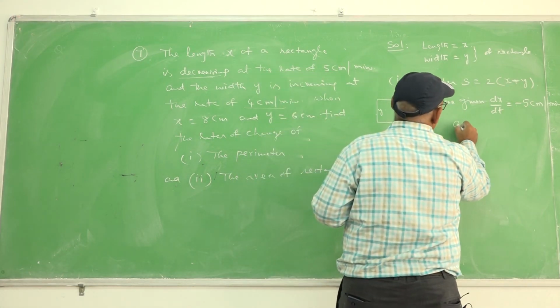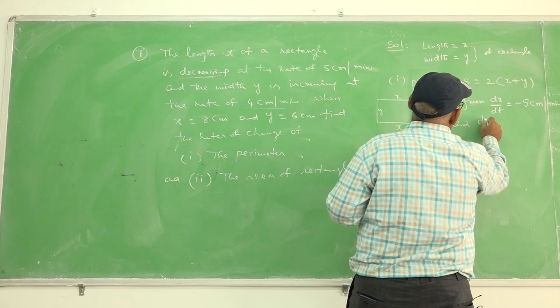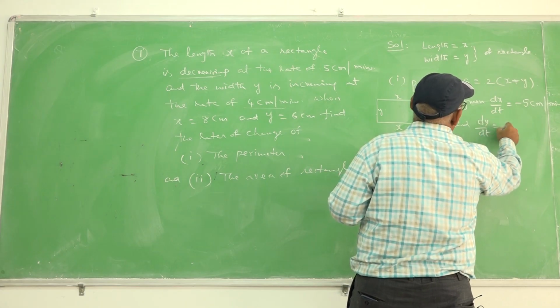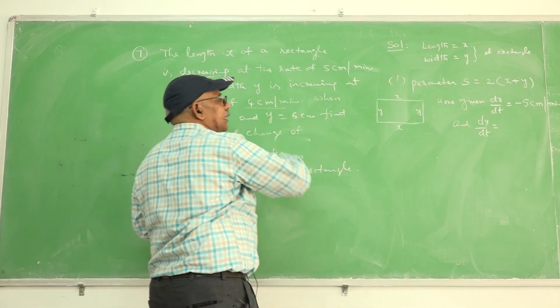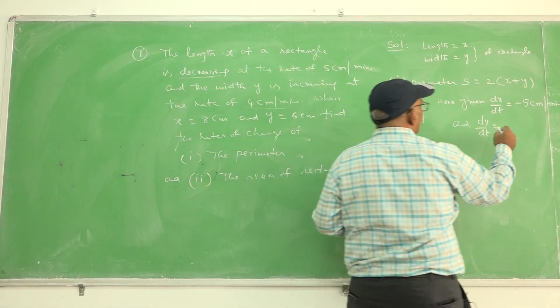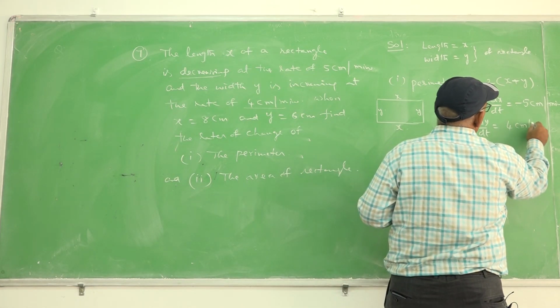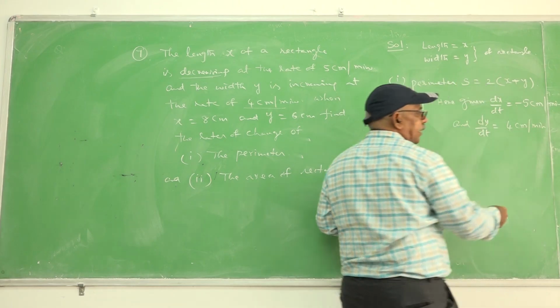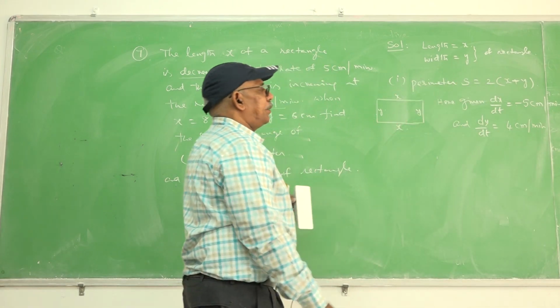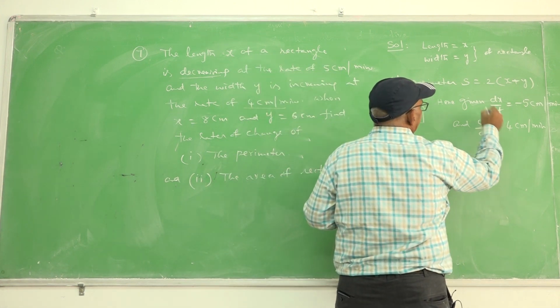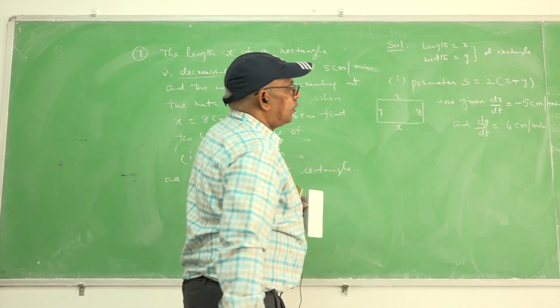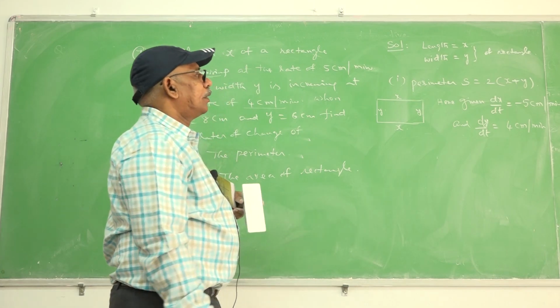And dy by dt, the rate of change in width, since it is increasing, 4 centimeters per minute. Since it is increasing, I am taking positive.